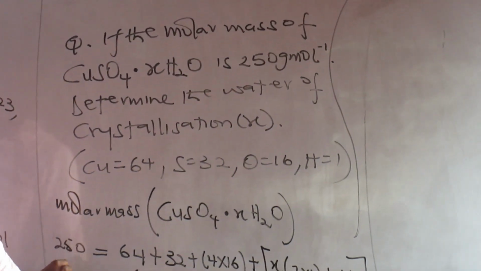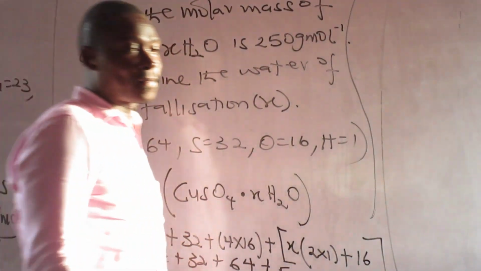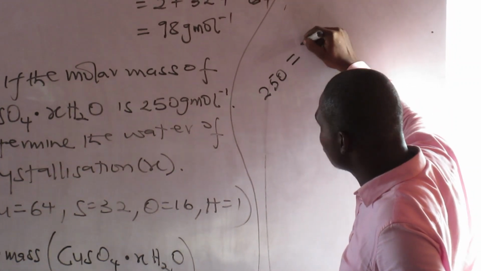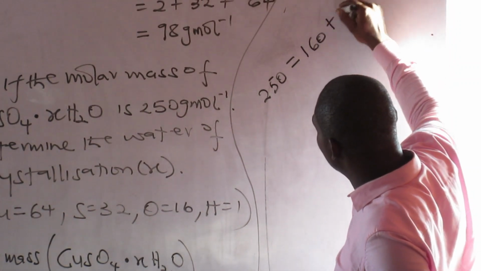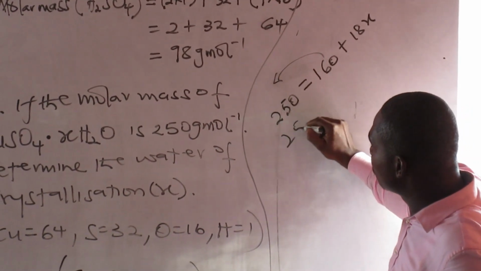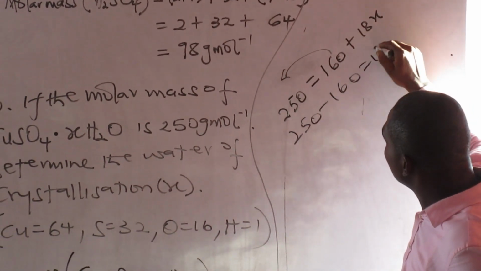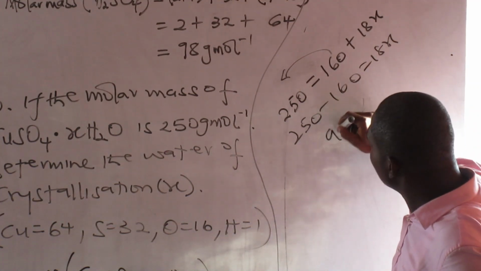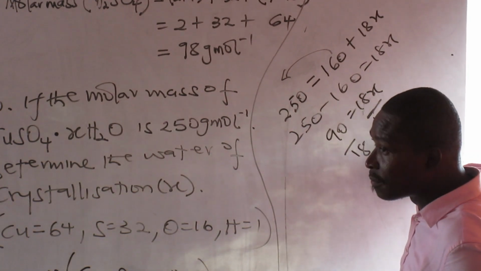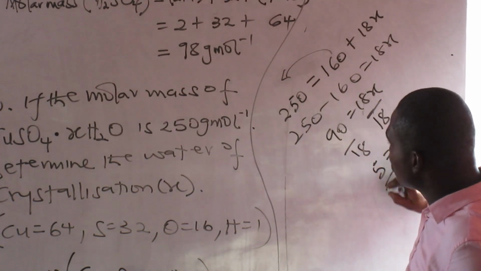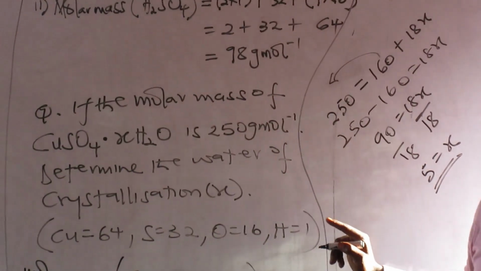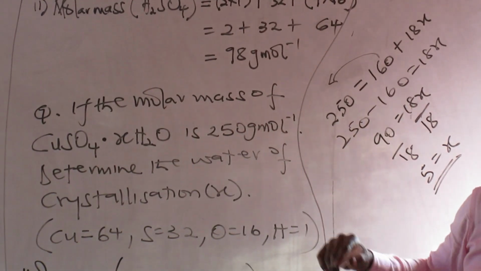So we have 250 equals 160 plus 18x. You see that? So there is algebra. So the water of crystallization is 5. So copper sulfate pentahydrate.